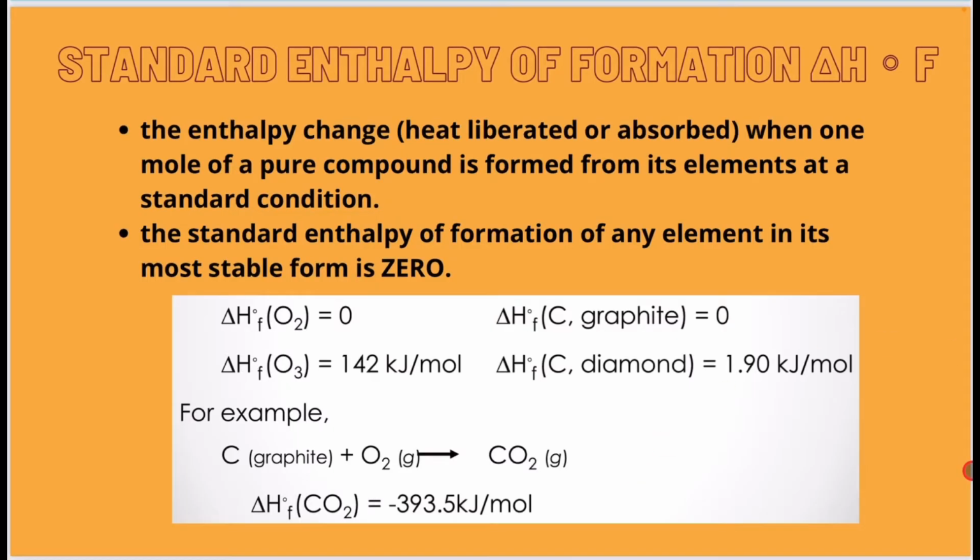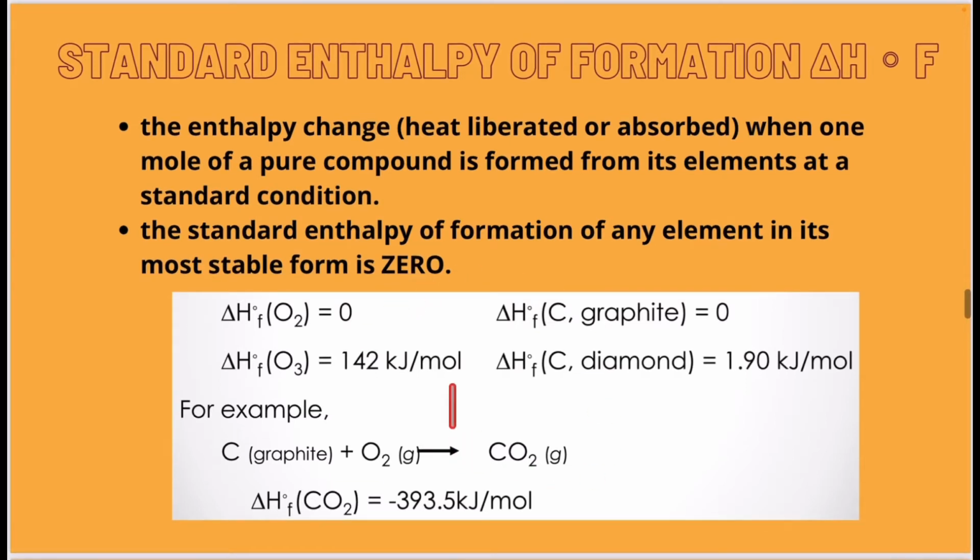The standard enthalpy of formation is the enthalpy change, heat liberated or absorbed, when 1 mole of a pure compound is formed from its elements at standard condition. The standard enthalpy of formation of any element in its most stable form is 0.